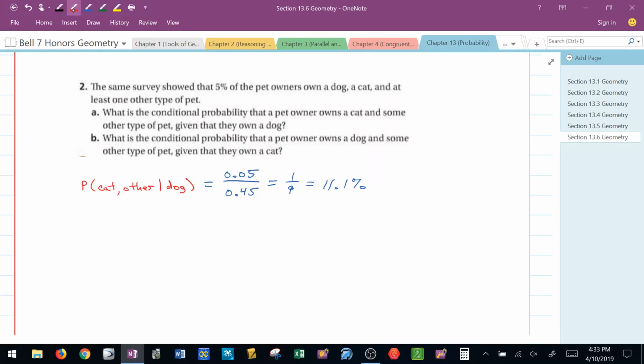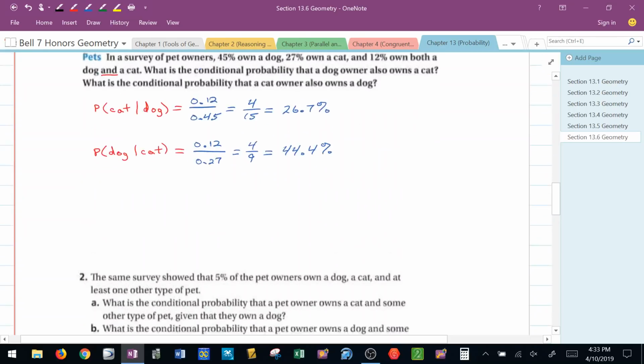Part B here. What's the conditional probability that a pet owner owns a dog and some other type of pet, given that they own a cat? All right, so the probability of dog and other, given that they were first a cat owner, so they view themselves as primarily a cat owner. All right, dog, other, and cat, that would be 5%, 0.05.